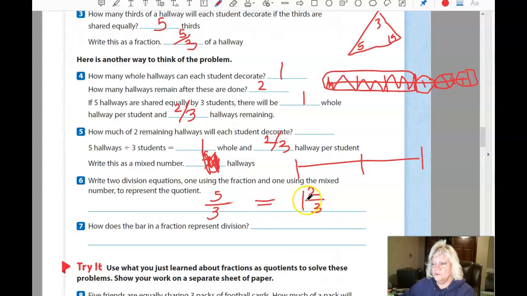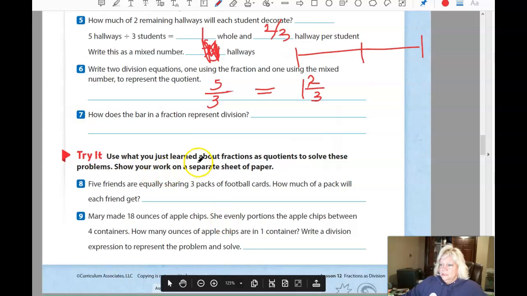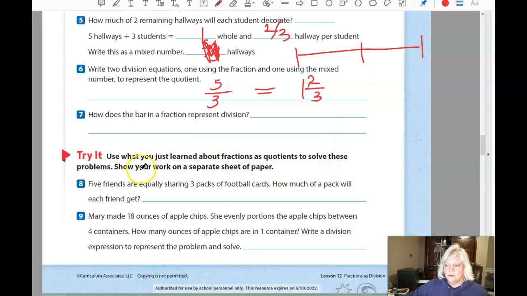And those are equal. Those mean the same thing. How does the bar in a fraction represent division? It's divided into equal groups. Okay? So use what you just learned about fractions as quotients to solve these problems. You're going to solve these 2 problems, and then show it to me and let me see. Did you get it right?